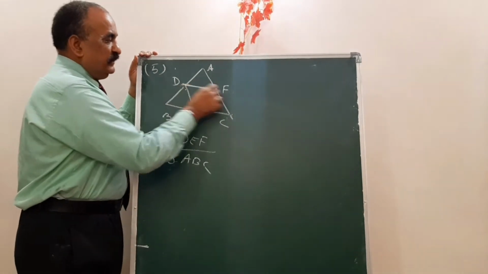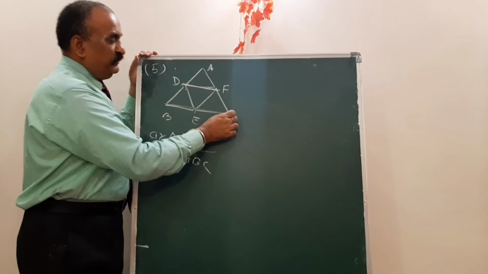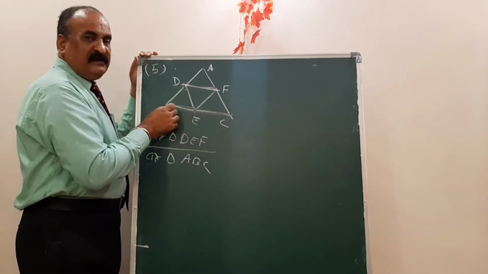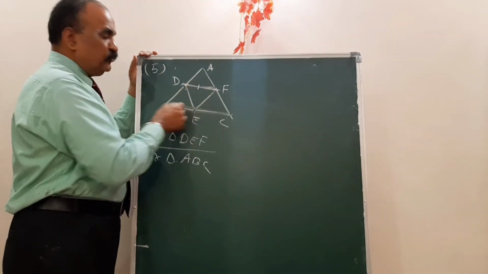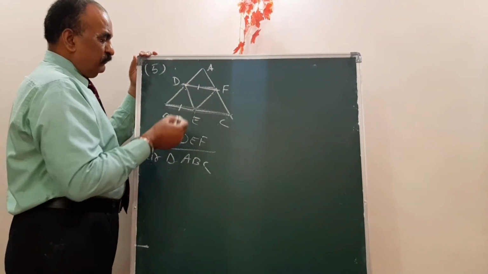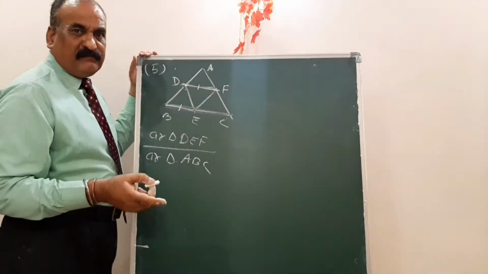It means DF will be parallel to BC and DF will be half of BC by the midpoint theorem. Ultimately you can say DF is parallel to BE. DF is parallel to BE means BEFD is a parallelogram.